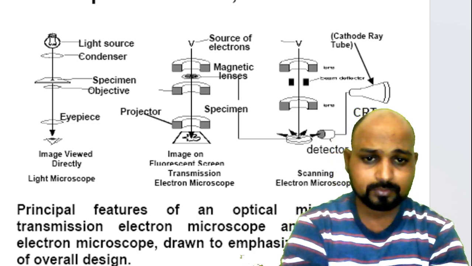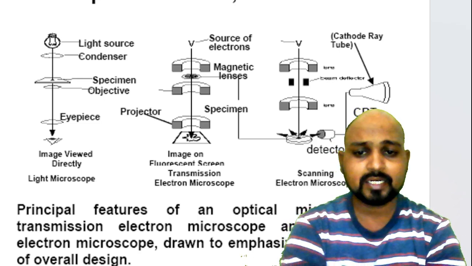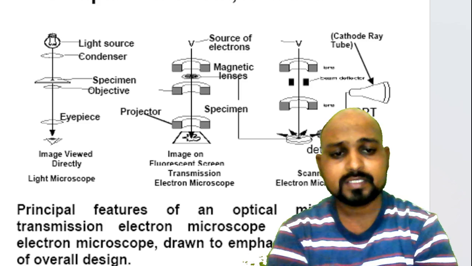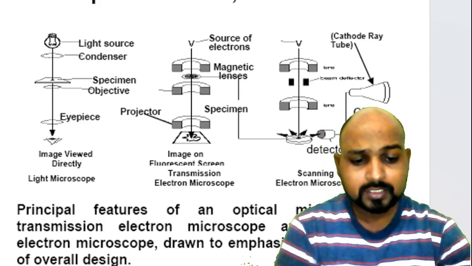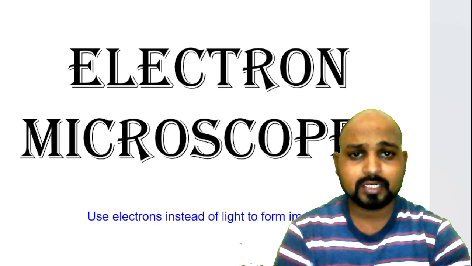These are the main principal features of the optical microscope, transmission electron microscope and scanning electron microscope, drawn to emphasize the similarities in overall design. So one by one we will see all of these.